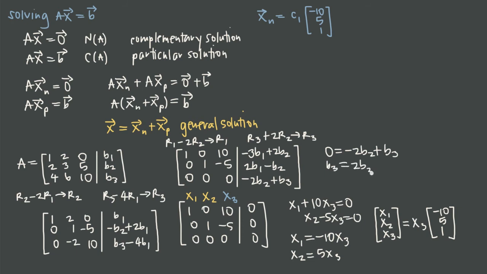Now I'm just looking for any combination of b1, b2, and b3 that satisfy this equation. So for instance, if I pick b2 equal to 1, over here on the right-hand side I'm going to get 2 times 1 is 2, so b3 equals 2. This combination satisfies this equation, but I also need a value for b1 that goes with this.